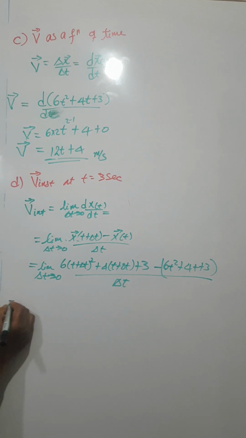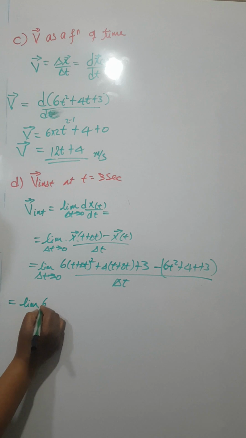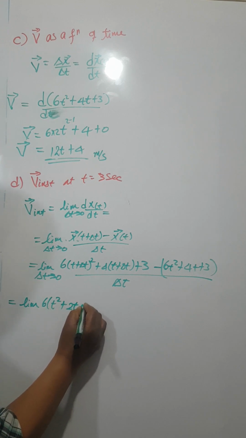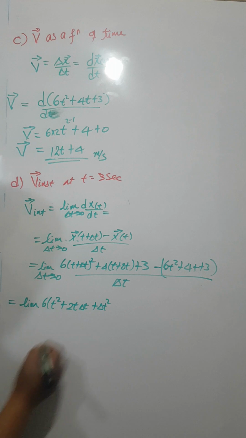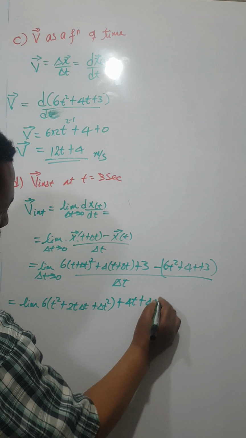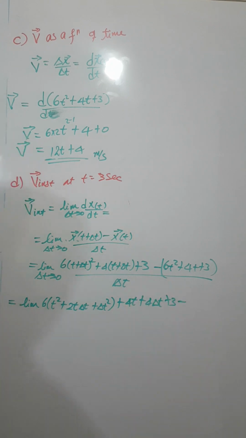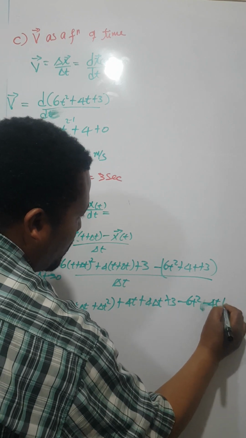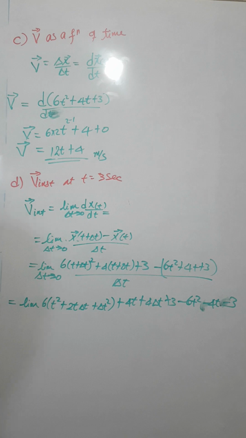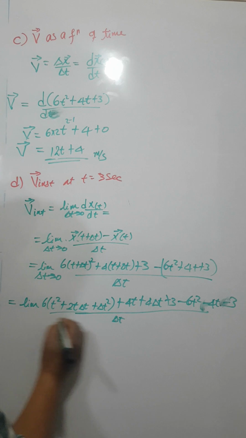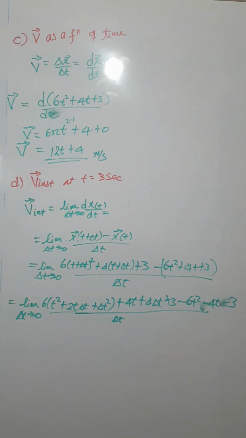Now this is equal to the limit of 6 times t squared plus 2t times change in t plus change in t squared, plus 4t plus 4 times change in t plus 3, minus 6t squared minus 4t minus 3, divided by change in t as change in t approaches 0.